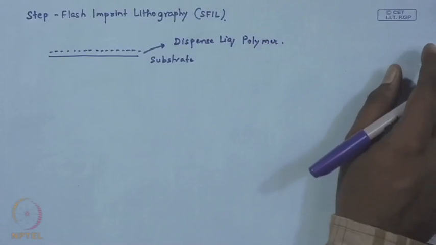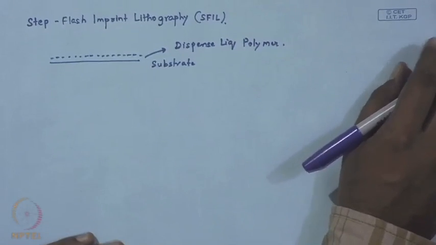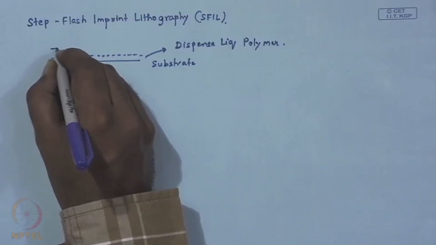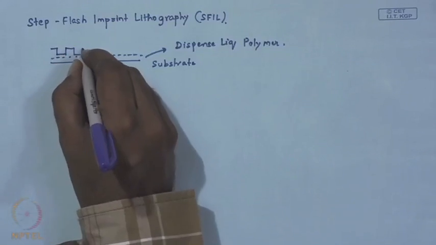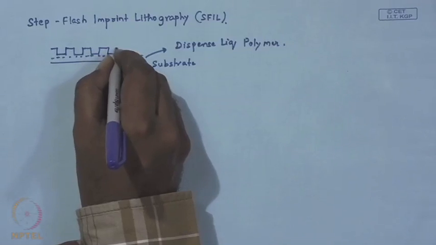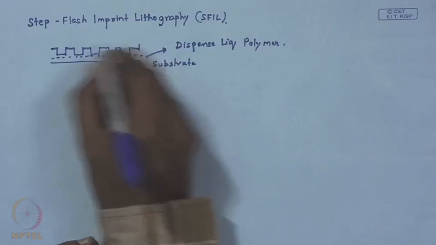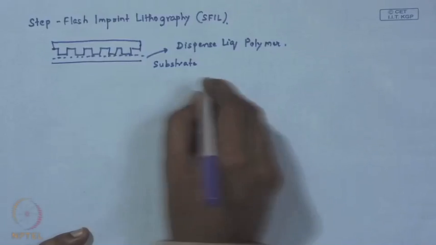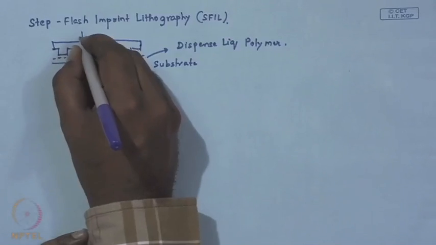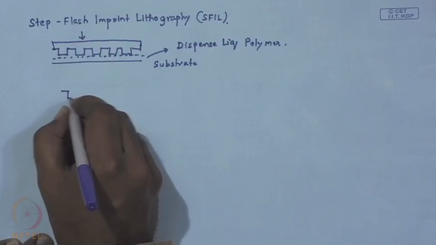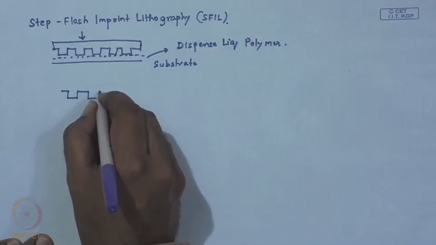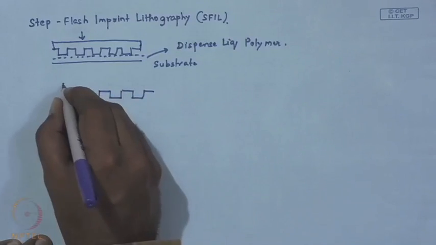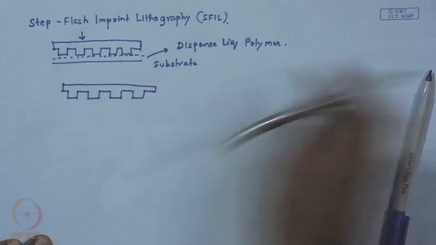So, viscosity is very, very low, and then you bring in a stamp or a mold, and simply place it over it or apply a low pressure. What happens is you achieve mold filling rather easily.